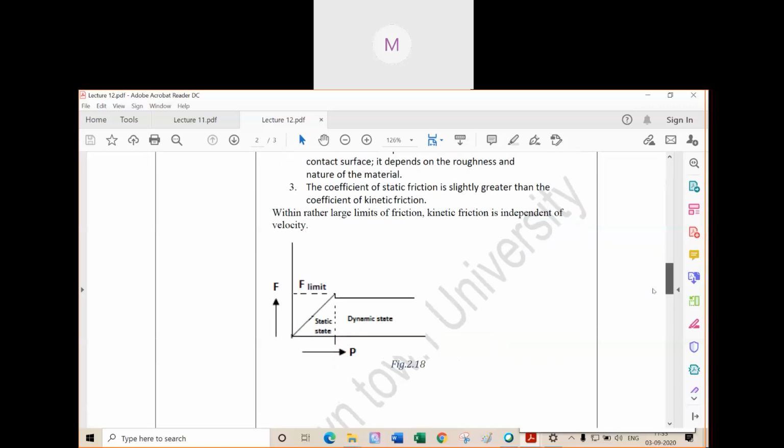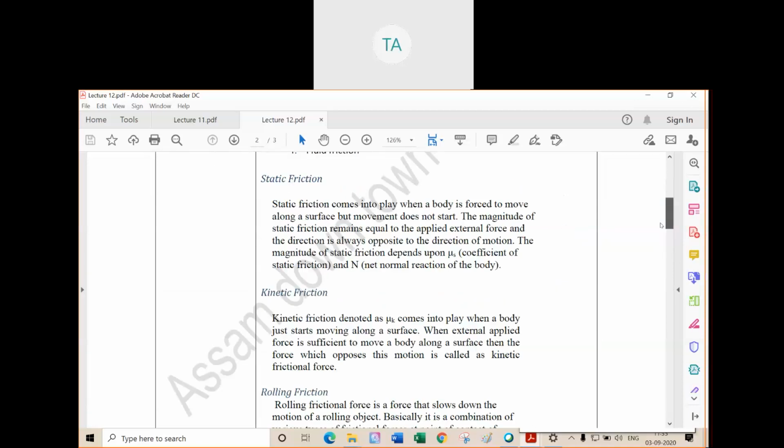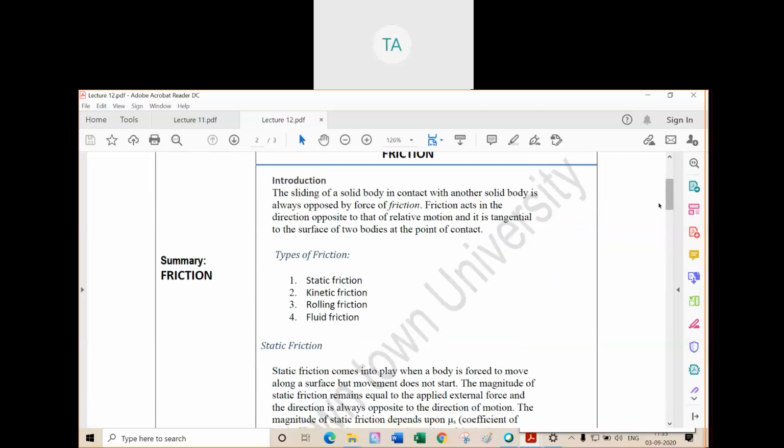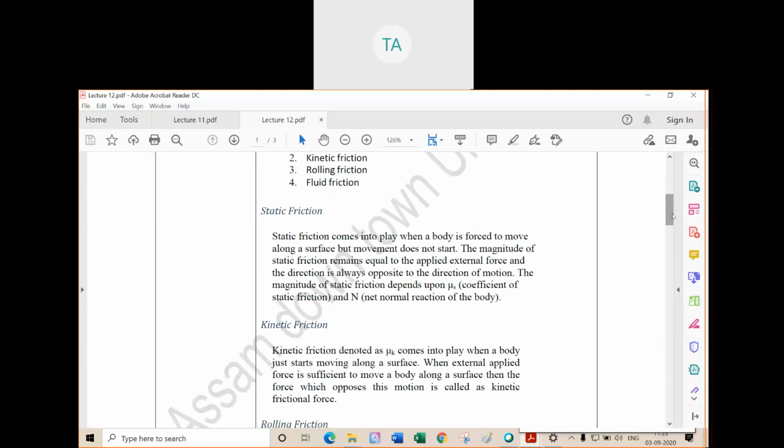When we slide one body above another body, then we will get an opposite force from the body that we are sliding on. That opposite force is known as friction, in my opinion, sir.